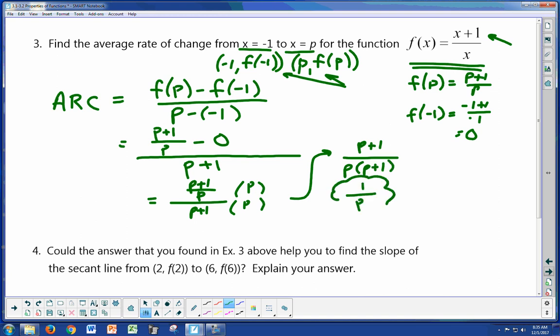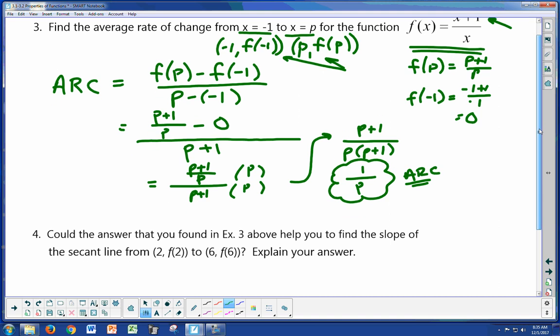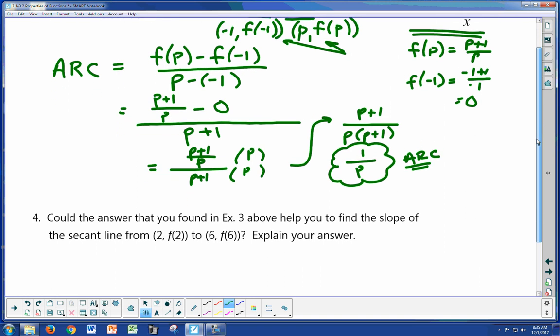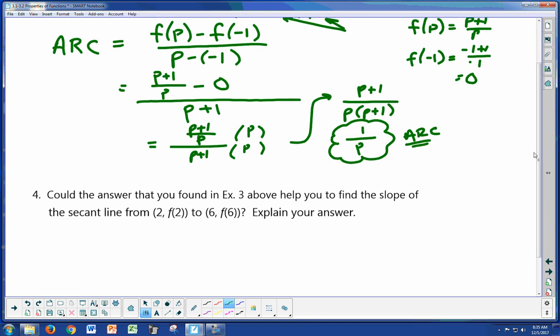All right, I'm going to put that in a little green cloud there. So that's the average rate of change, or the slope, between the point p, f of p and negative 1, f of negative 1 for that function. And of course, obviously, we could not have an x value or a p value of 0 because we can't plug 0 in.